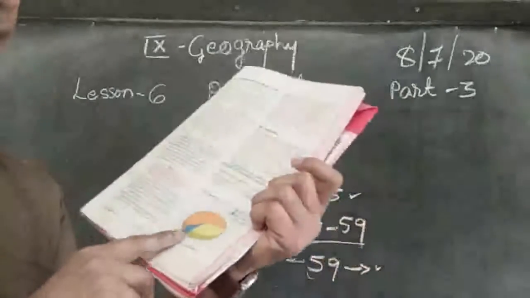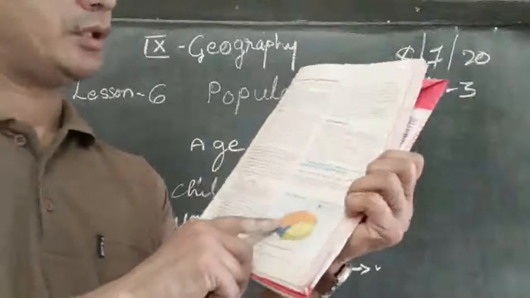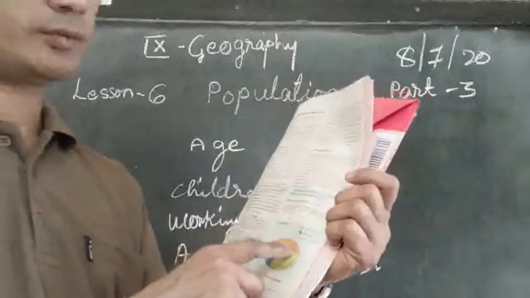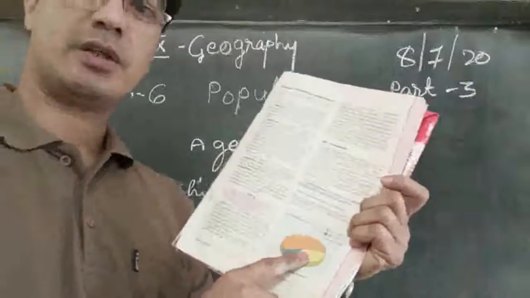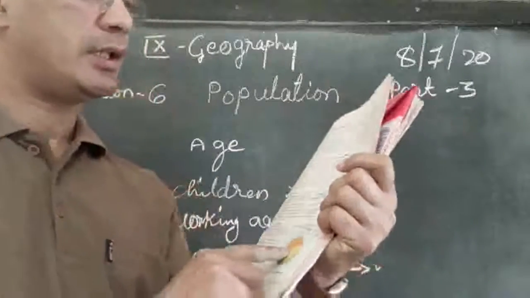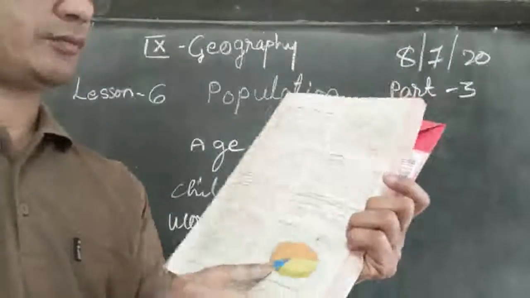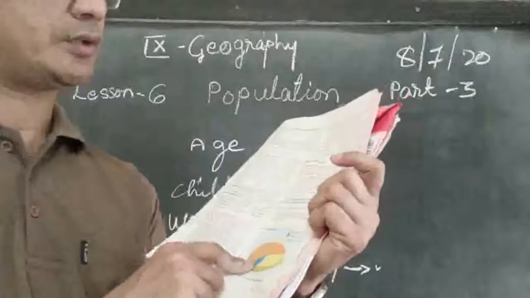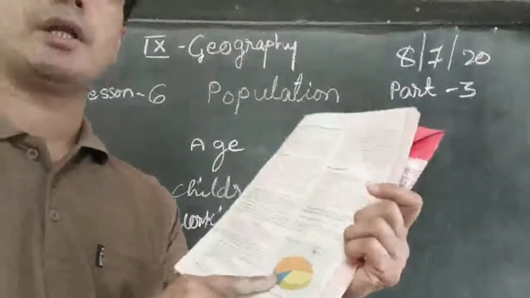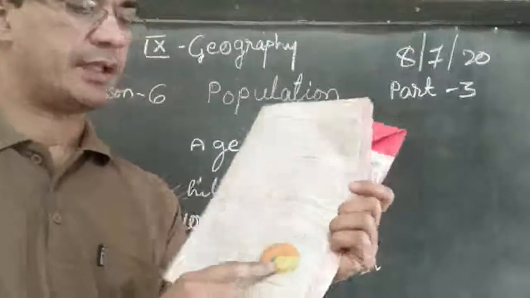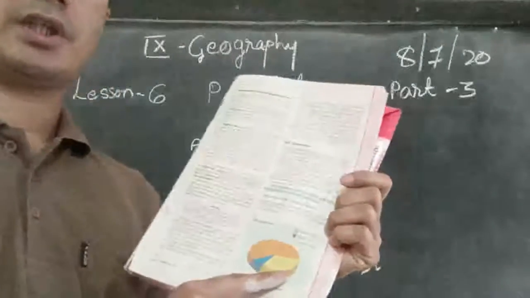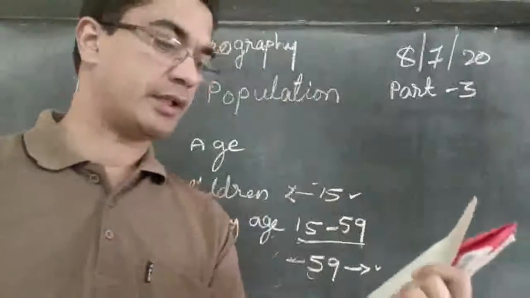So three colors are there. The orange one is adults. So adults are more. So that is supposed to be the working age. Then the blue is age, old people. How many percentage? 6.9 percentage. And the yellow is the children. 34.4 percentage of the Indian population are children.